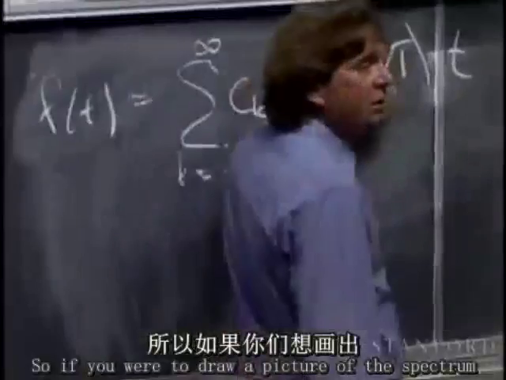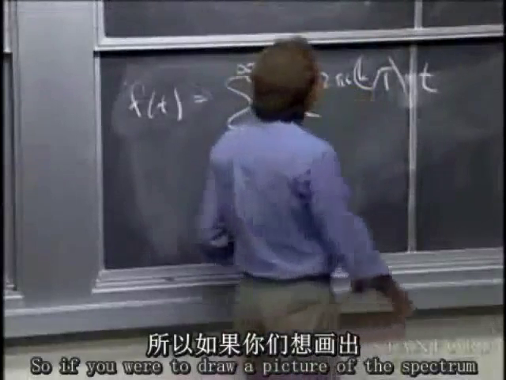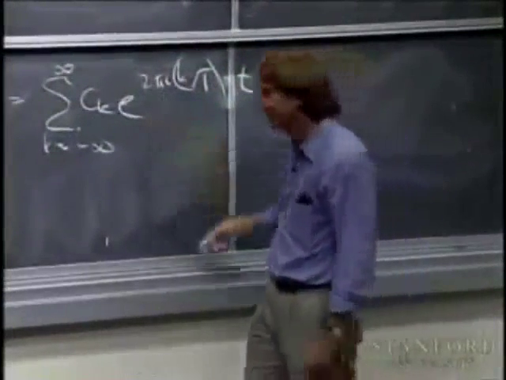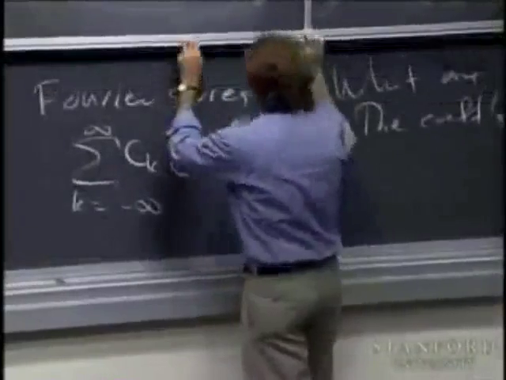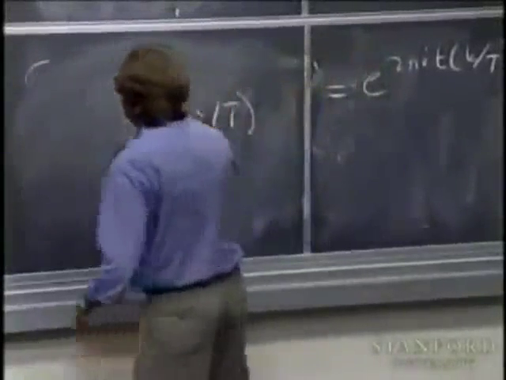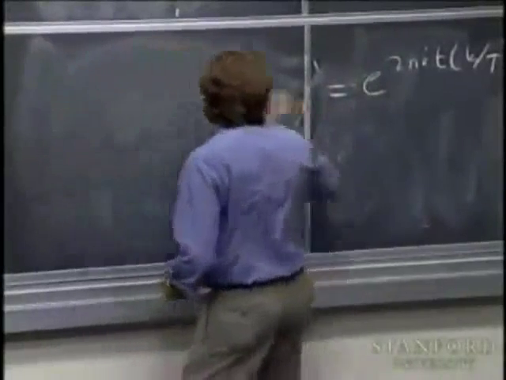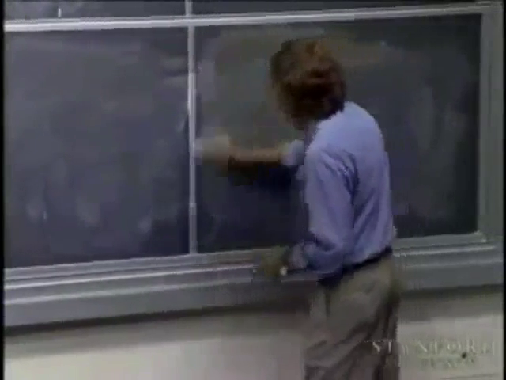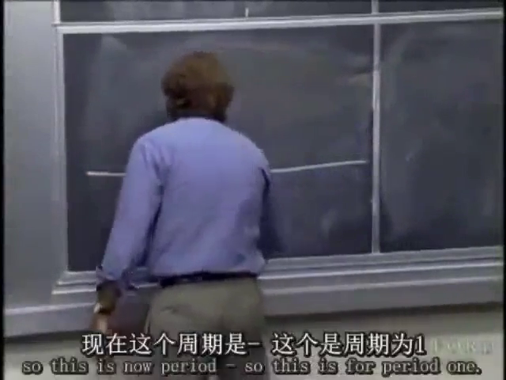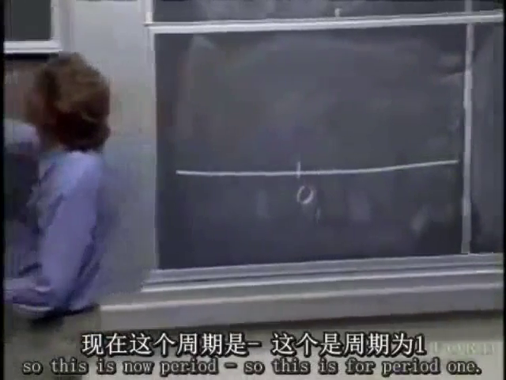If you were to draw a picture of the spectrum that would correspond to a series that looked like this, it would go something like this. You would draw 0. This is for period 1.